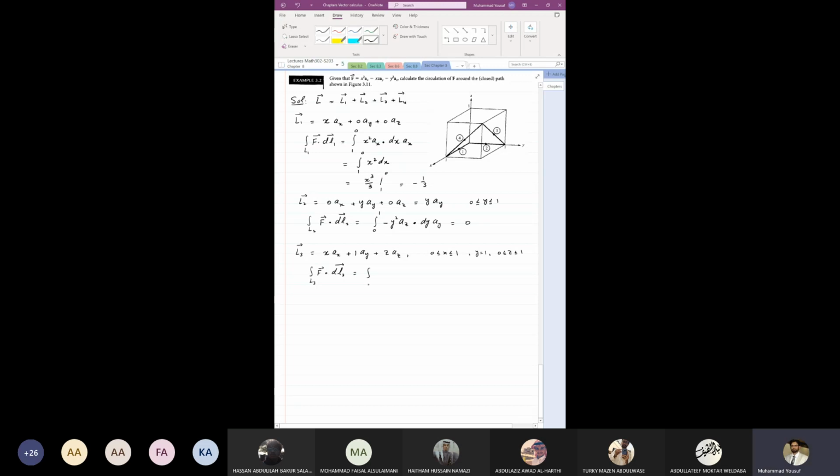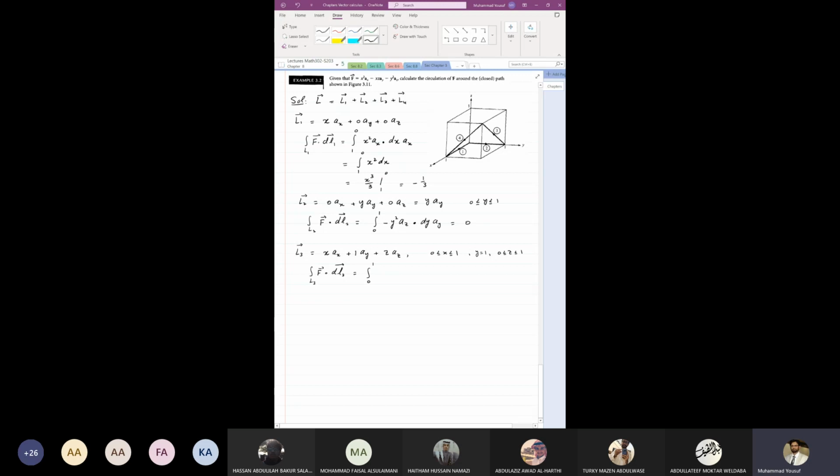We can also say x is equal to t, z equal to t, where t is from 0 to 1, because it is the same. If we want to convert into parametric form like in Math 201. But let us do the same as here. It is going from 0 to 1.